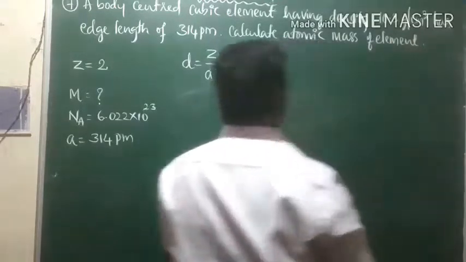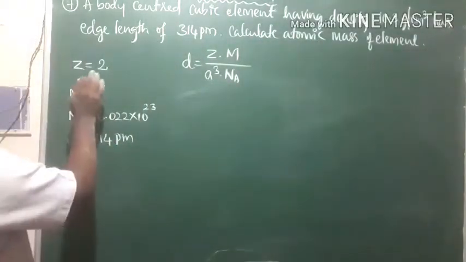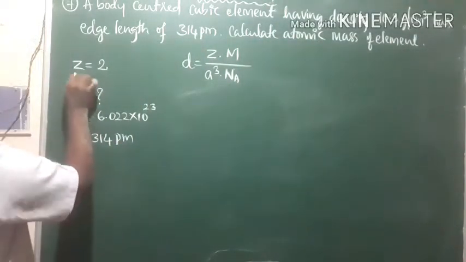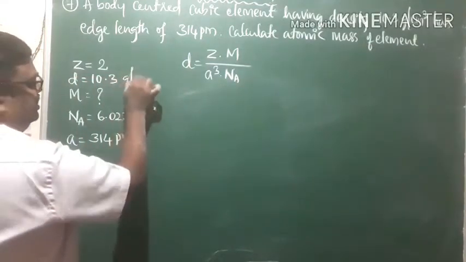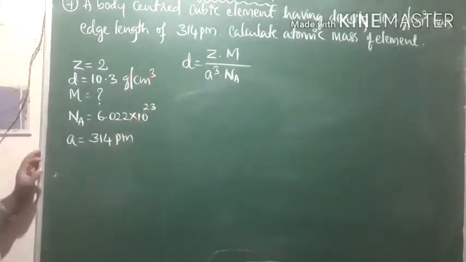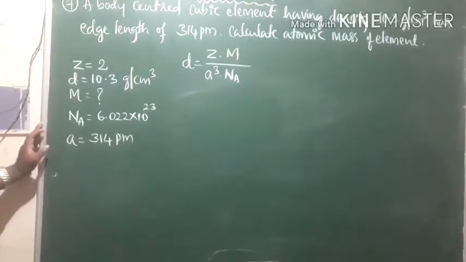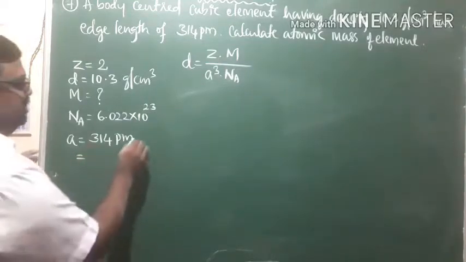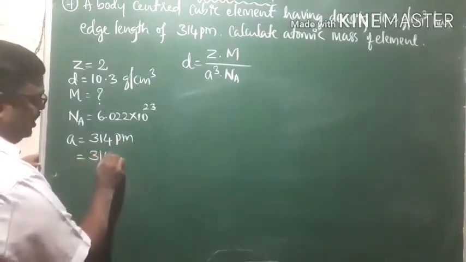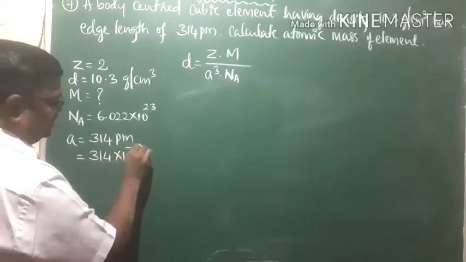You have the density in terms of gram per cm cube, 10.3 gram per cm cube, therefore you have to express the a value in terms of centimeter. That is 314 into 10 to the power of minus 12 meter.